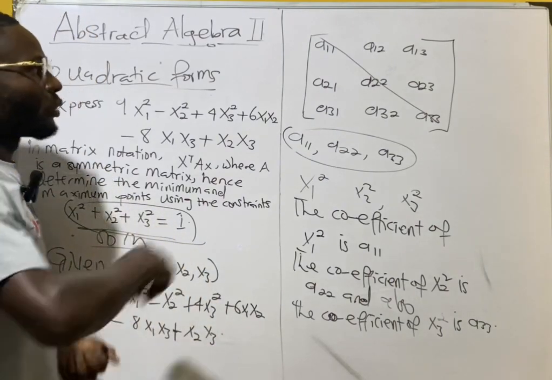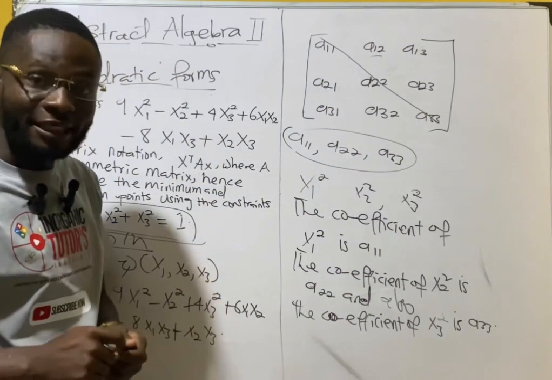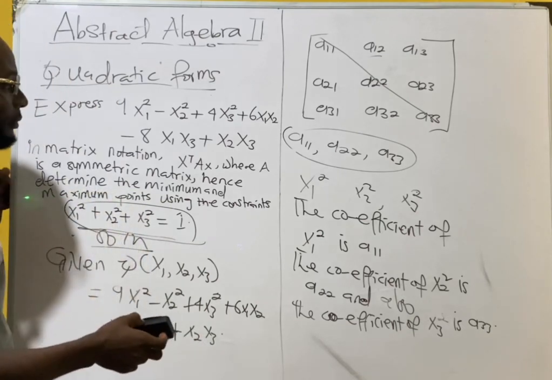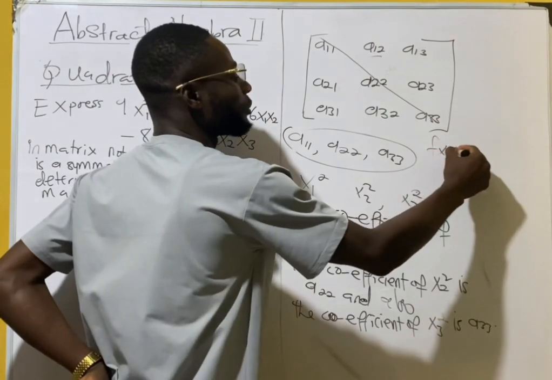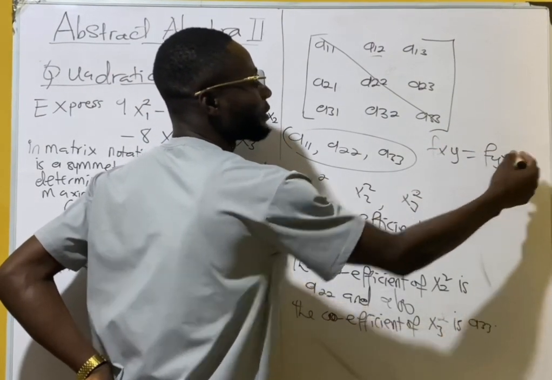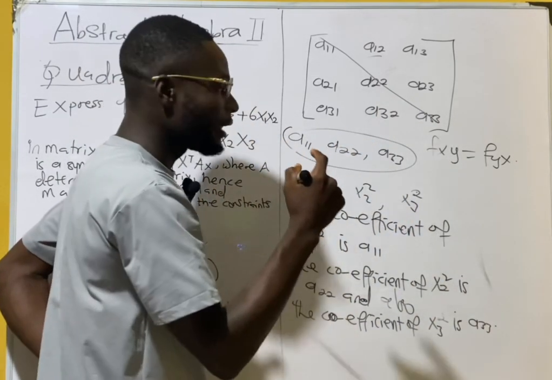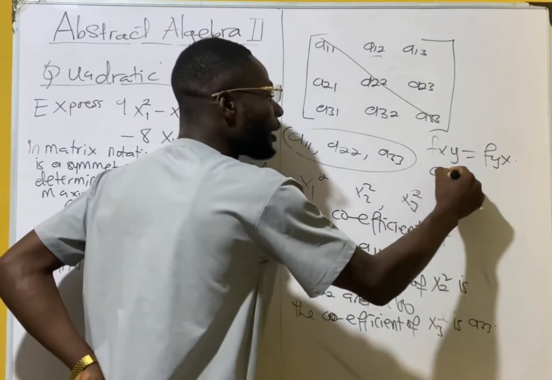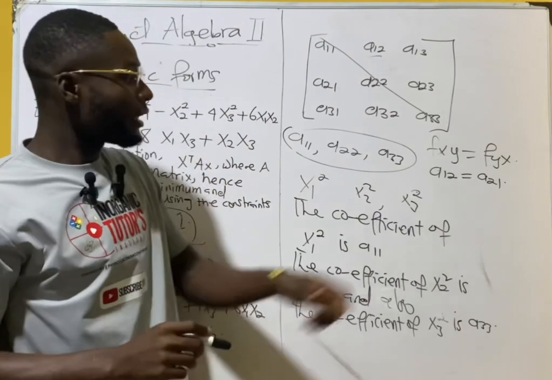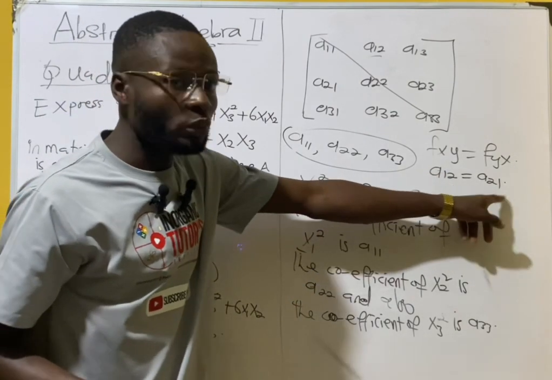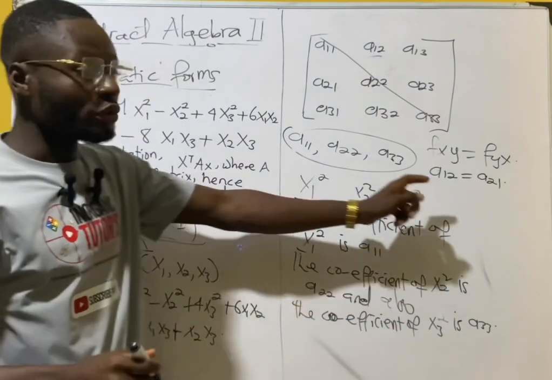Okay, so when you have A12, you know that from the Hessian matrix, we know that fxy is equal to fyx, right? Okay, so same way in here, A12 is the same as A21. So the same idea from the 2 by 2, we are going to use the same thing here.